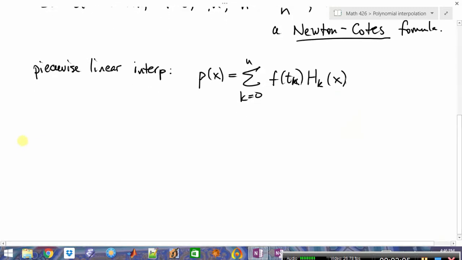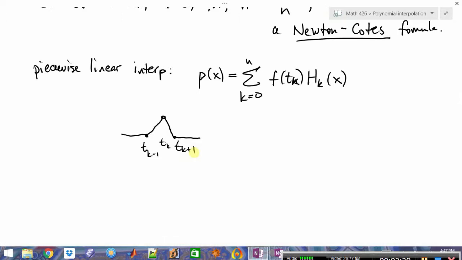Remember, our points are equally spaced, so the hat functions are 0 almost everywhere, but they ramp up to 1 and back down to 0. This is at node t_{k-1}, this is at t_k, this is at t_{k+1}. That's if t_k is one of the interior points.